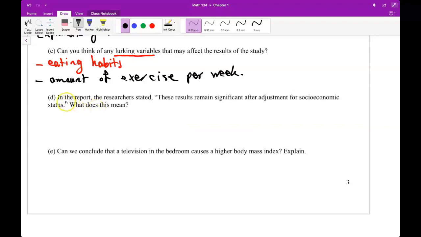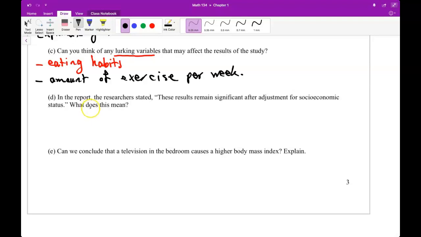Part D, in the report, researchers stated these results remain significant after adjustment for socioeconomic status. What does this mean? This may be because the researchers attempted to avoid confounding variables by taking into account socioeconomic status.